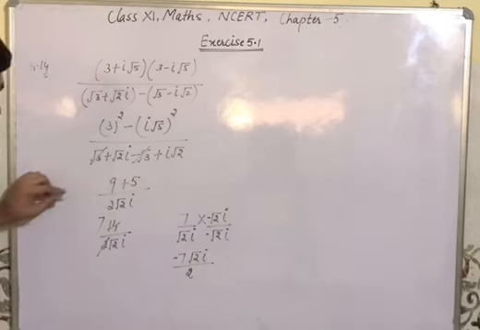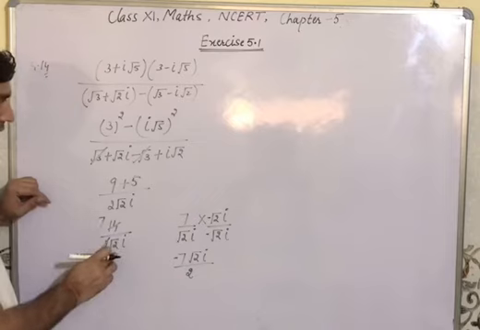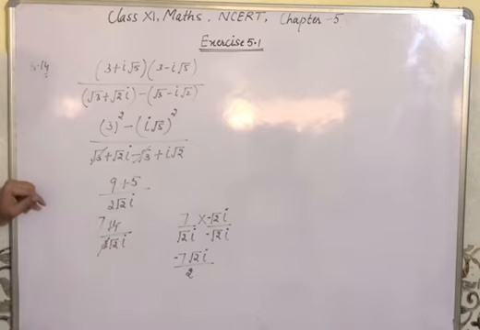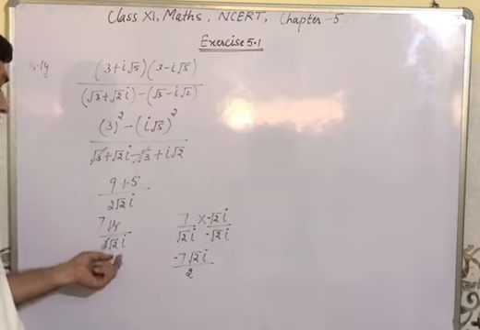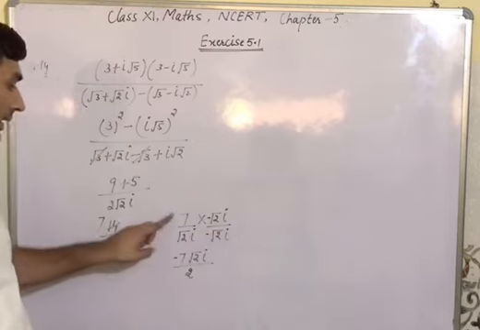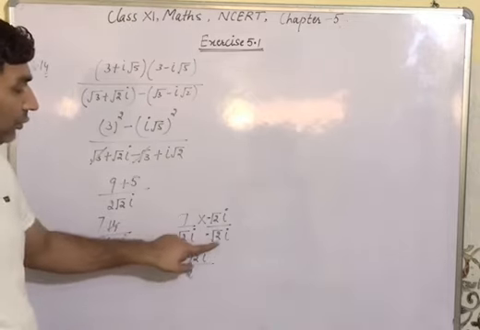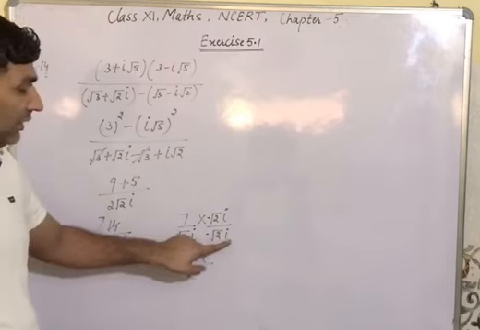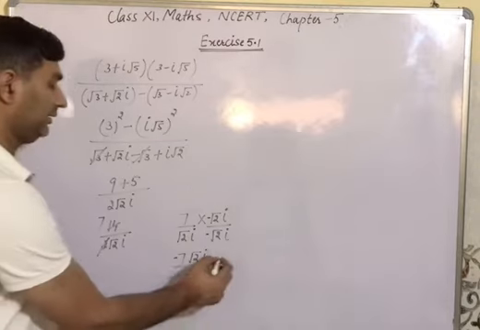Again, discuss this. 9 + 5 is 14 and 2 root 2 i. This cancels out to 7 upon root 2 i. With root 2 i in the denominator, multiply by the conjugate, which is minus root 2 i. Multiplying gives minus 7 root 2 i, and root 2 into root 2, and i square is −1, and −1 multiplied makes minus into plus, and that is the answer.